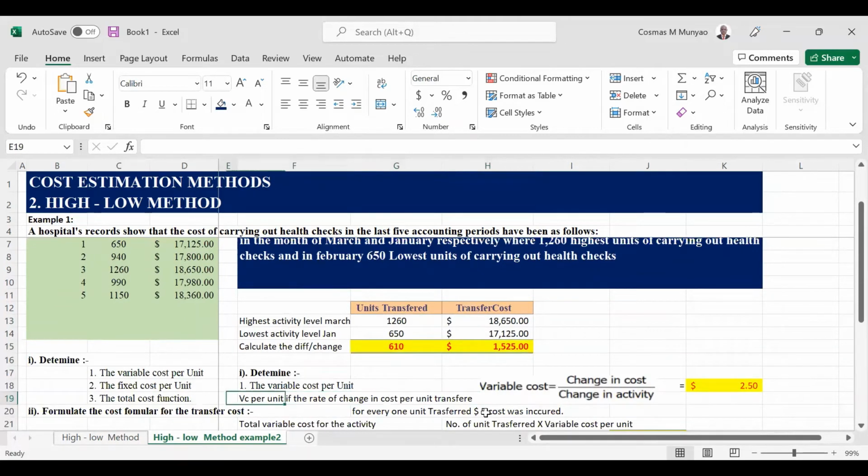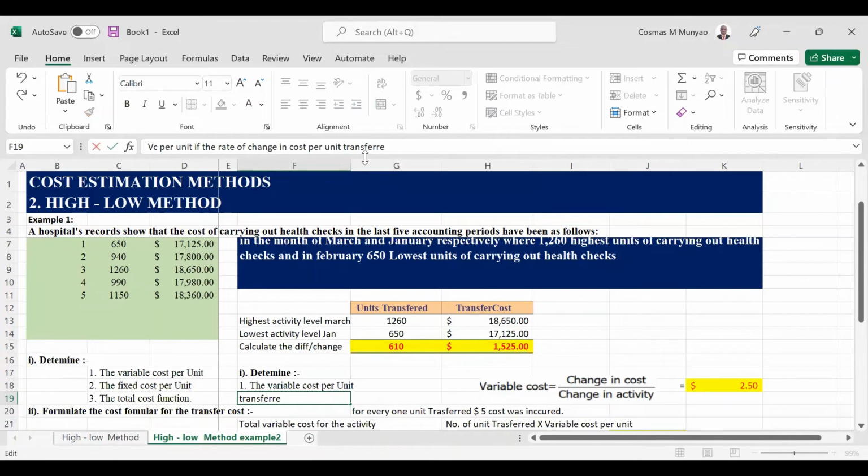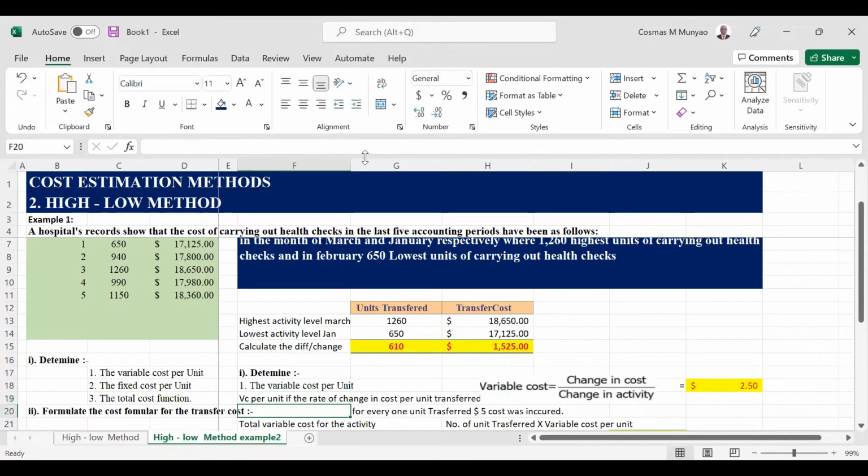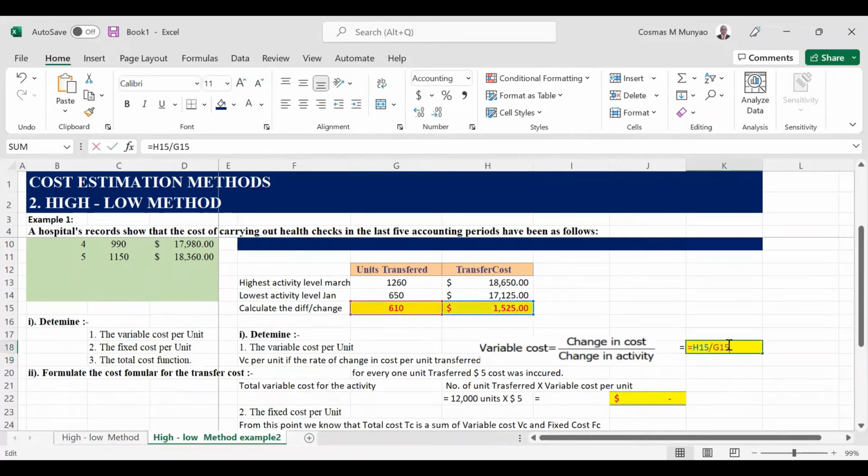The variable cost per unit, we know, is the rate of change in cost per unit, whereby variable cost is equal to change in costs over change in activity. Here, because we have the formula in hand, we divide 1,525 by 610.